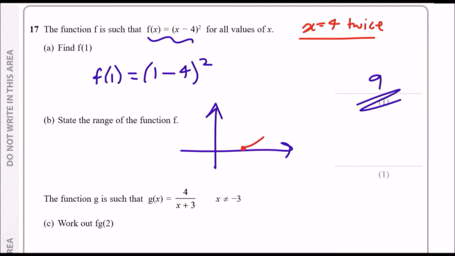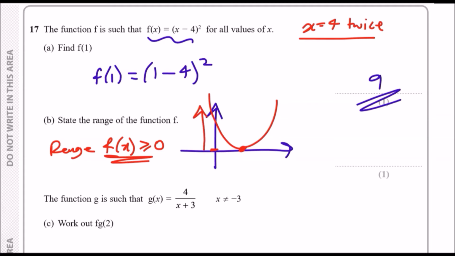This is going to be a quadratic bouncing off it like that. As you can see, it touches the axis, the lowest value on the y-axis is 0, and the highest is infinity. So we say that the range of f(x) is greater than or equal to 0, because it starts from 0 and goes all the way up.